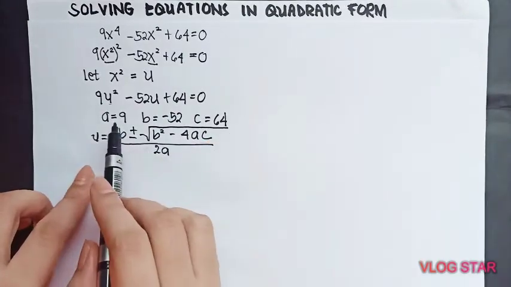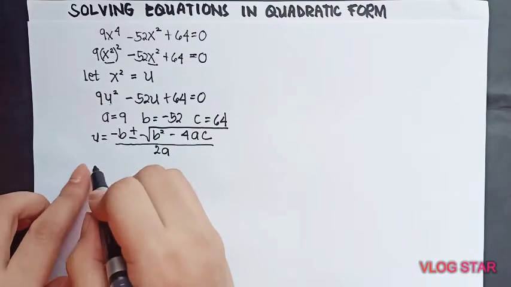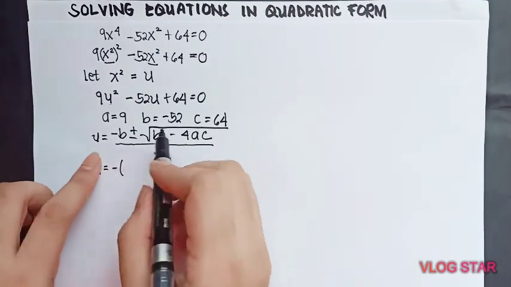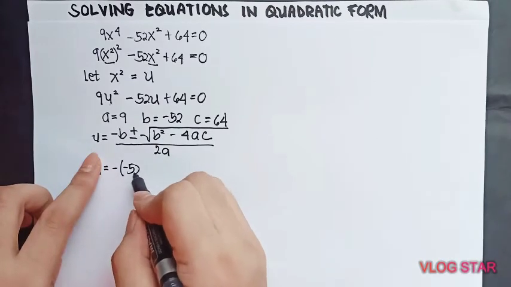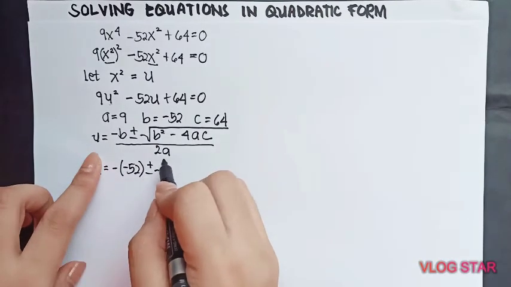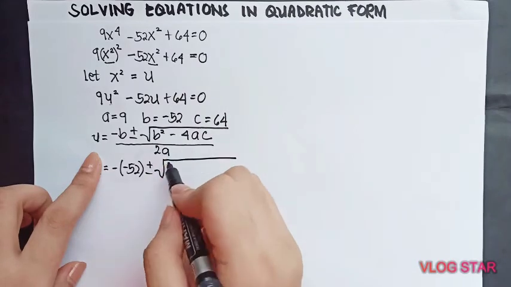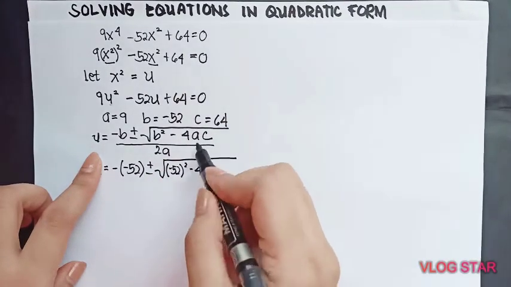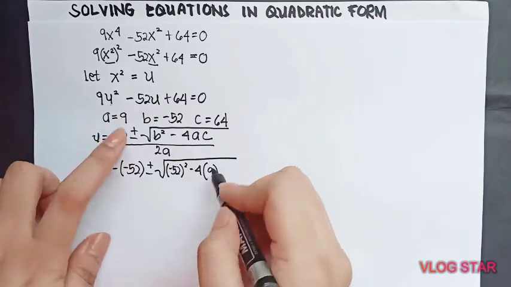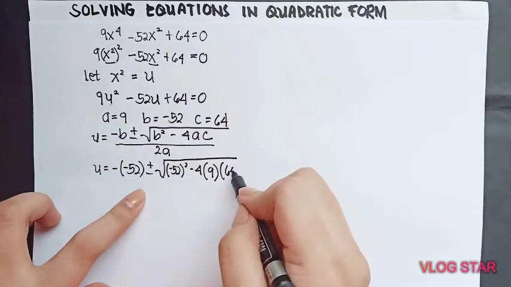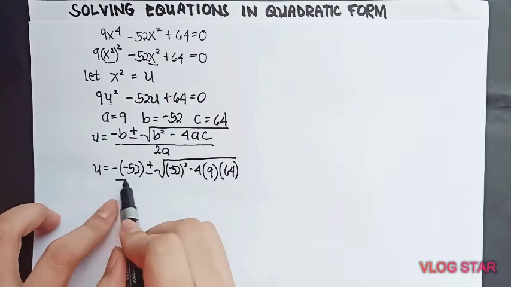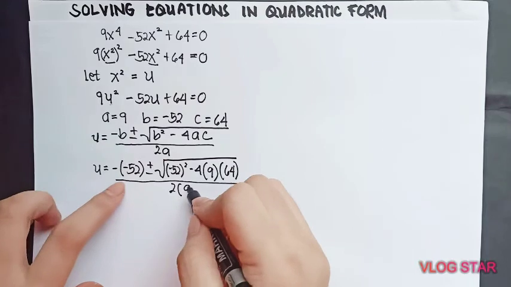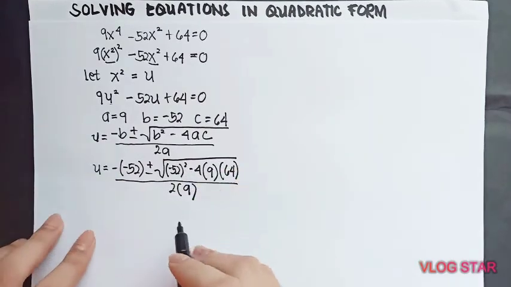Let's substitute these values into the formula. So we're going to have u equals negative times b, which is negative 52, plus or minus the square root of, again, b, which is negative 52, squared minus 4 times a, which is 9, times c, which is 64, all over 2a, which is 9. Okay, let's continue.